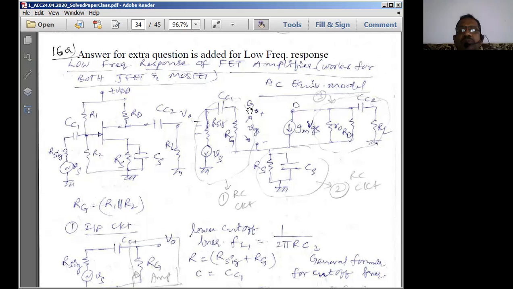Therefore, you can easily observe here there is no direct connection between the gate and the common terminal called source. Whereas in the case of a BJT amplifier, we'll be having a connection between base and the emitter by using a HIE resistor.